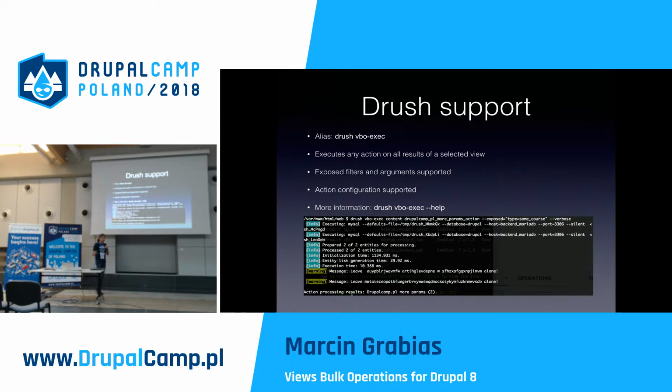It supports exposed filters, arguments, and also we can apply any values to the action configuration. The parameters are entered in a query string format. Here you can see output with a verbose parameter. It shows some additional info like processing time and the steps taken.